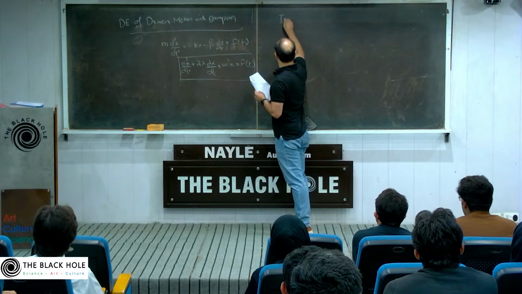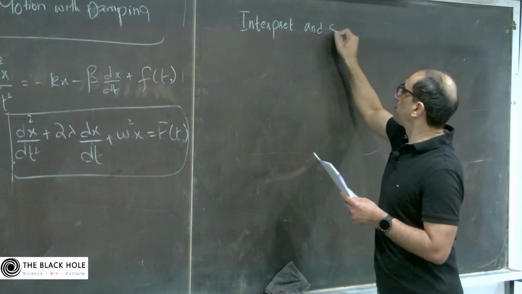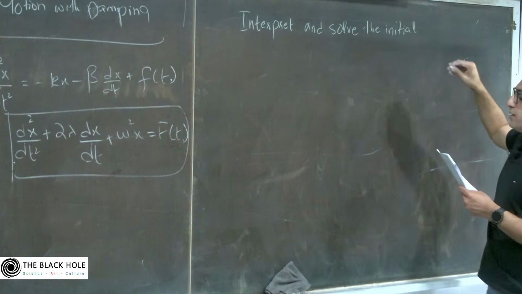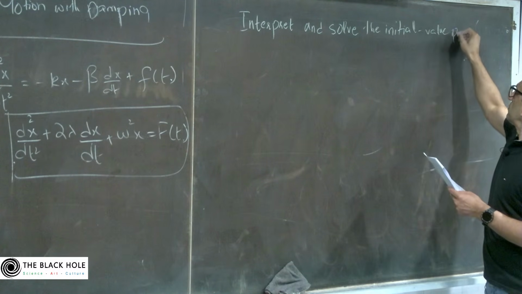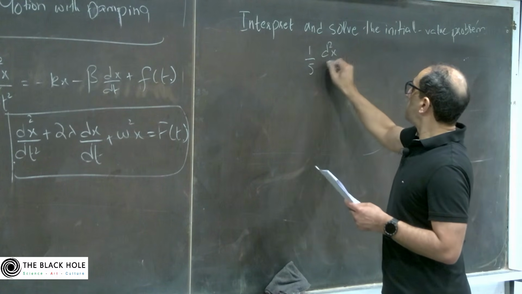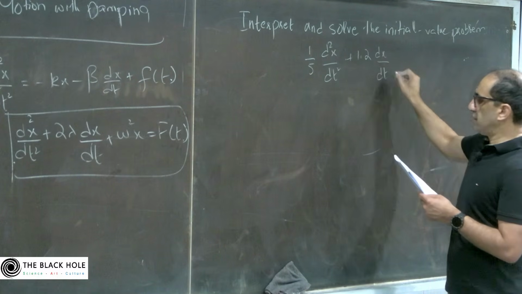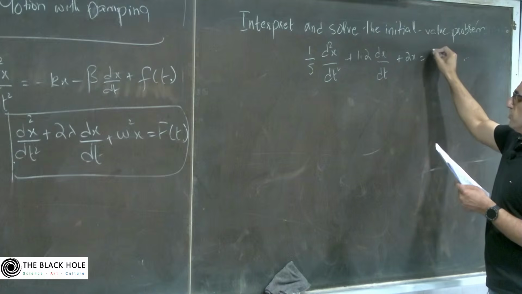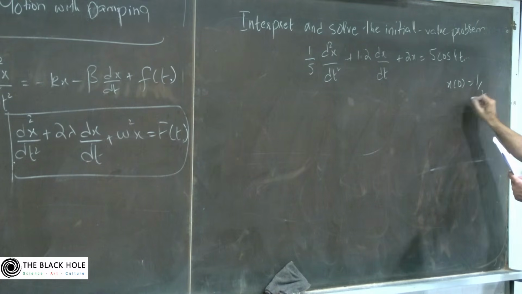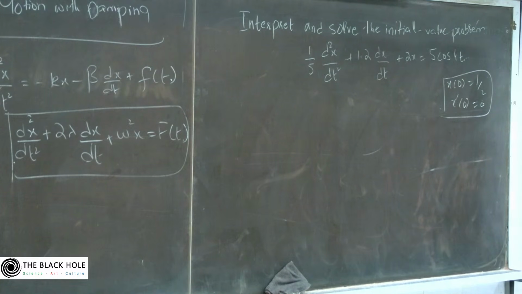So he says, interpret and solve the initial value problem (1/5) d2x over dt squared plus 1.2 dx by dt plus 2x is equal to 5 cosine of 4t, x of 0 is half, x dash of 0 is equal to 0. Okay.